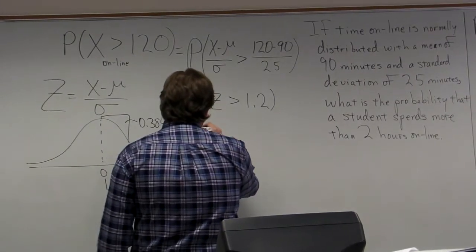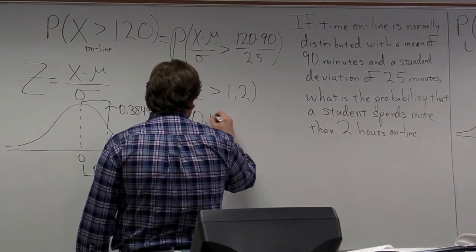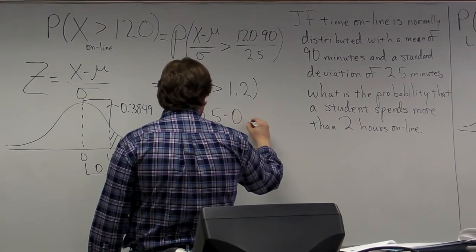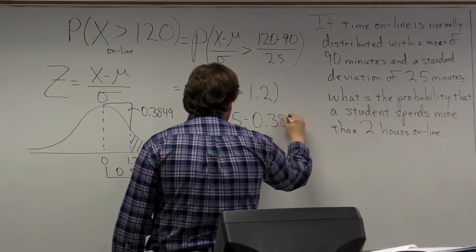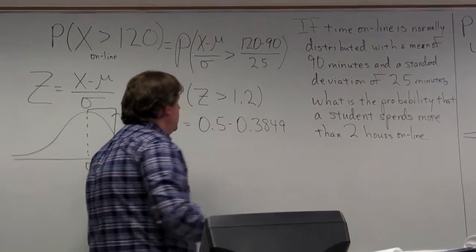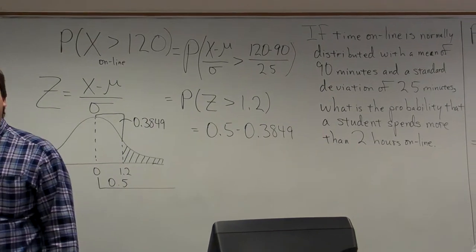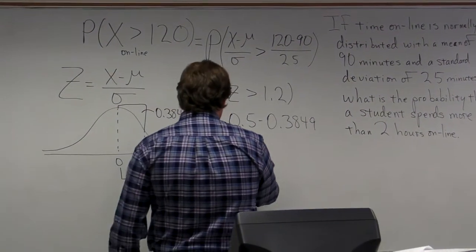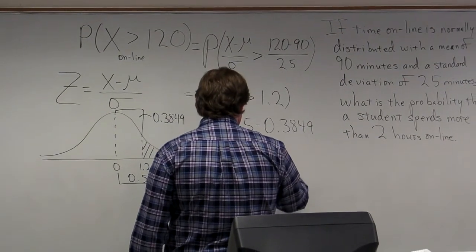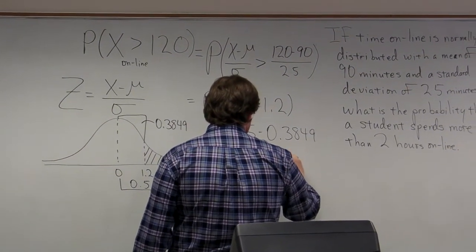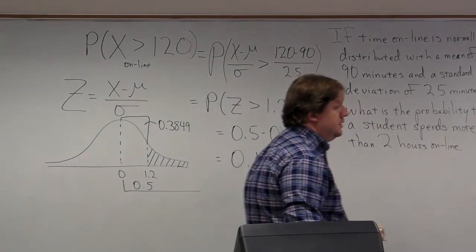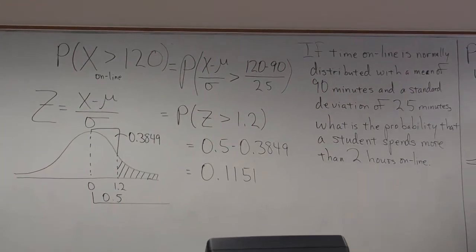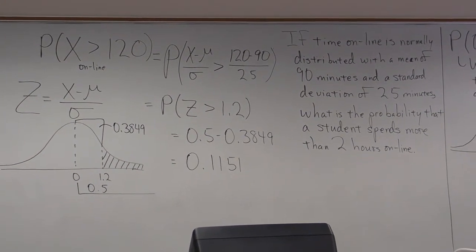And so this probability is 0.5 minus 0.3849, or in this case, an answer of 0.1151.